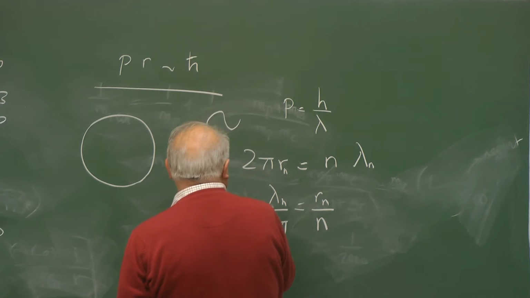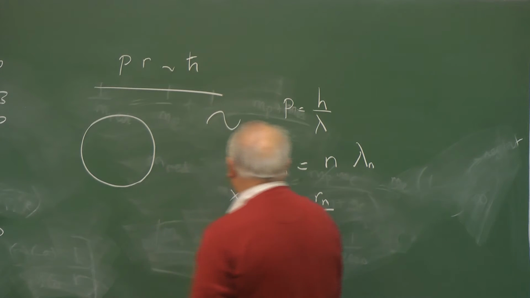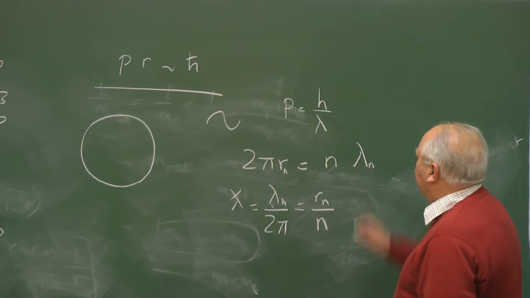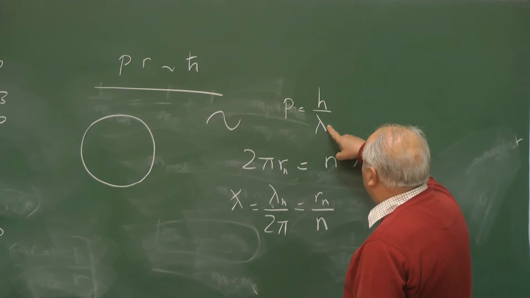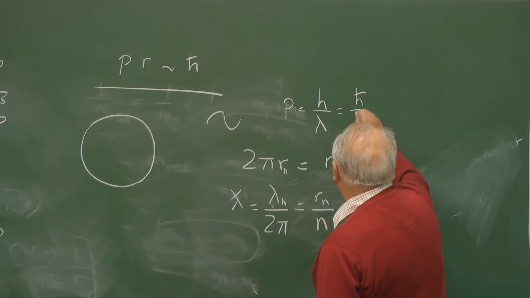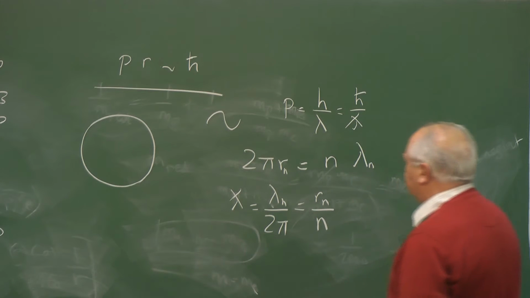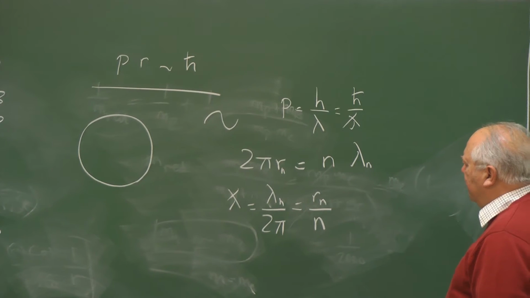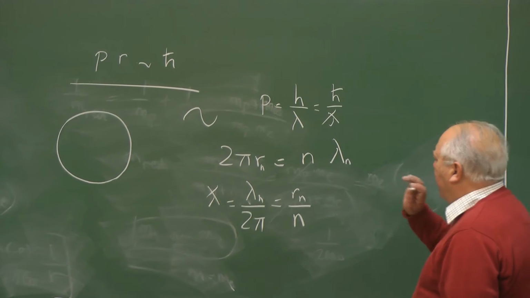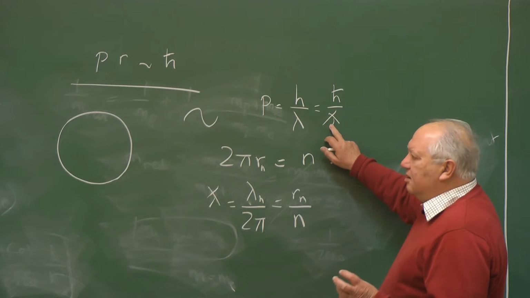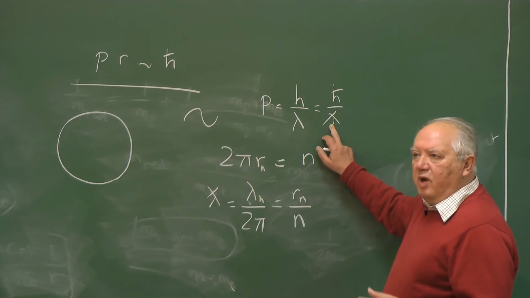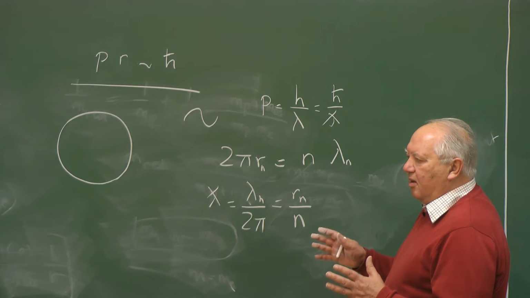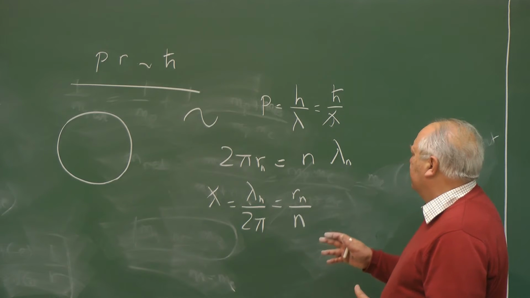This I will write as lambda bar. Now, if you divide both sides by 2 pi, we can write this. So what we are really writing is that you can localize a wave only up to a distance of length equal to its wavelength.